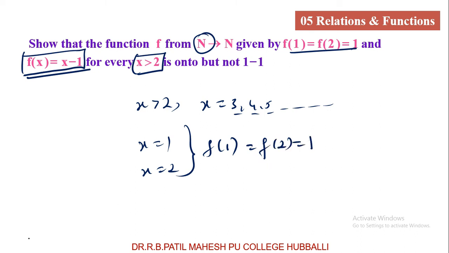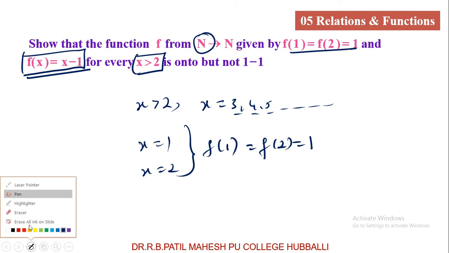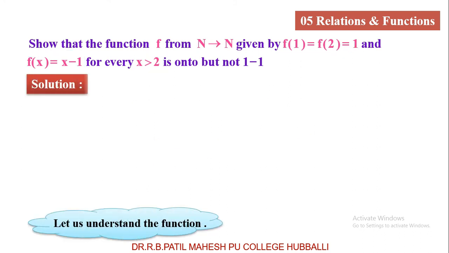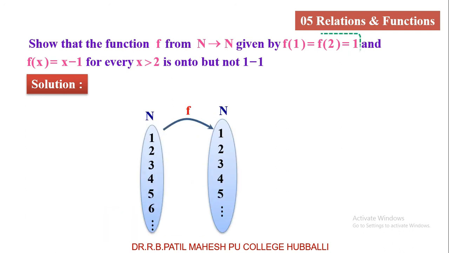So taking this type of function, I have to prove that the function is onto but not one-one. Understand the function? F of 1 equal to f of 2 is equal to 1. Means 1 is related to 1. Even 2 is also related to 1. It is enough for us to say this is not one-one. 3 is related to 2. Why is 3 related to 2?